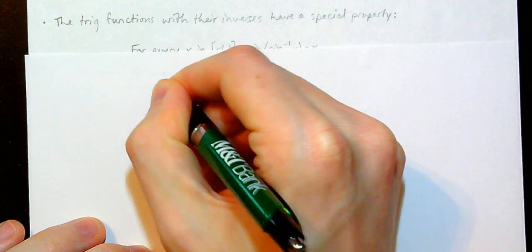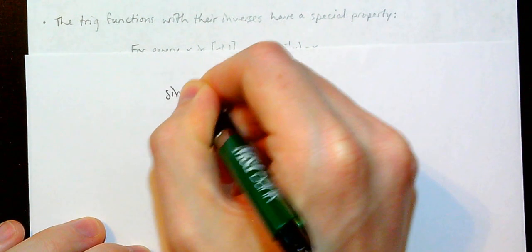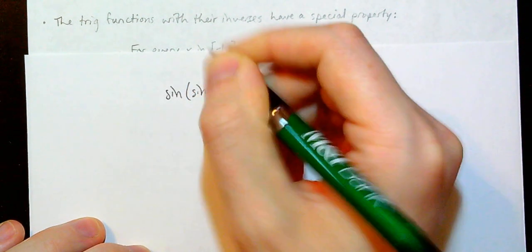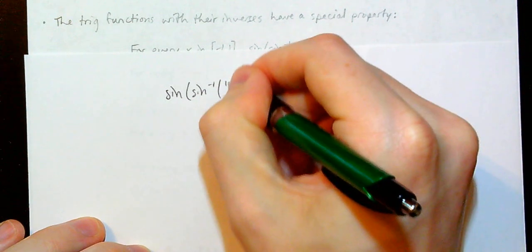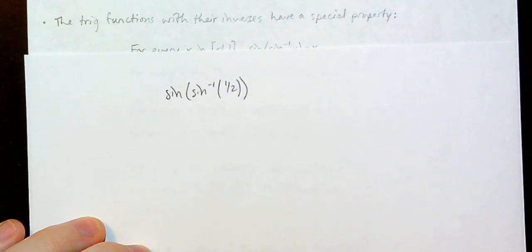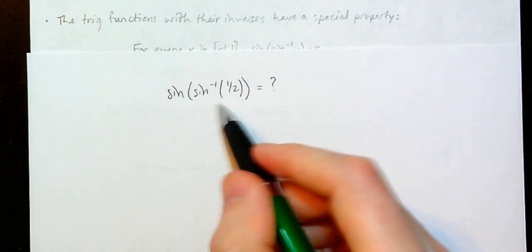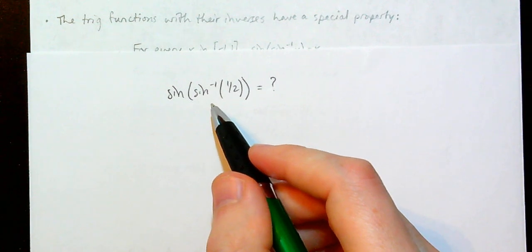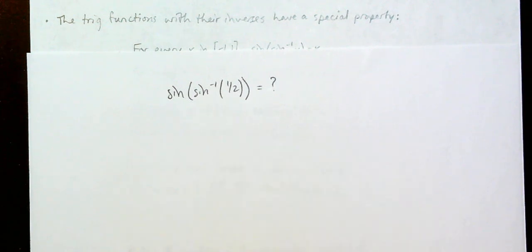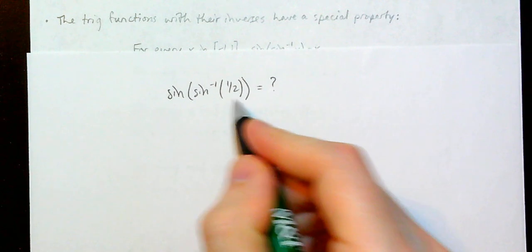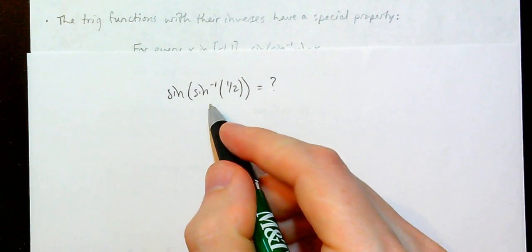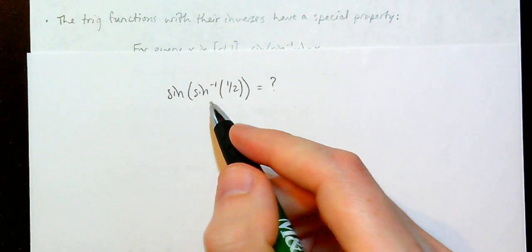If I ask what is the sine of the inverse sine of 1/2? Well, this 1/2 here is being plugged into the inverse sine function here. The ultimate question is this value in the domain of this function here?